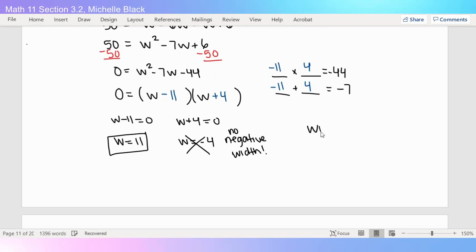So if my width is 11 inches, I can find my length by using that relationship we set up. Remember, the length was equal to the width plus 5, or in this case, 11 plus 5. So our length is going to be 16 inches. So the dimensions of our piece of cardboard is 11 inches by 16 inches.